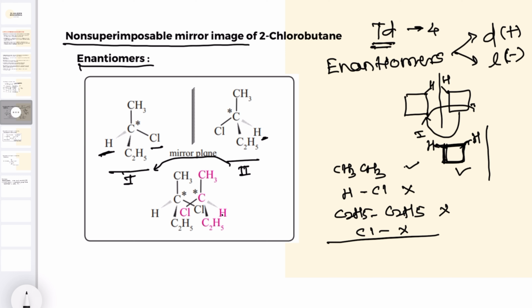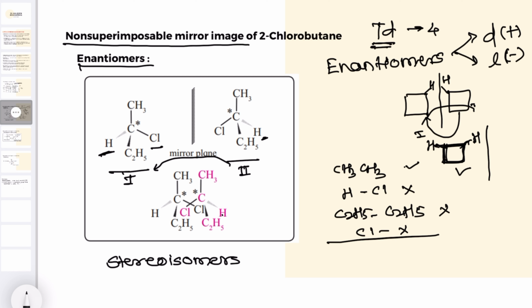So these are stereoisomers. Why is it so? Because a chiral molecule and its mirror image show different arrangements.